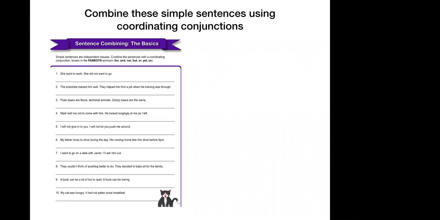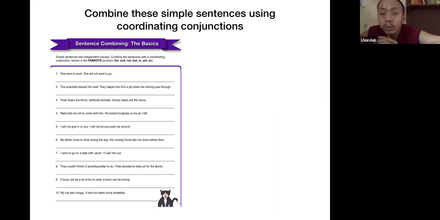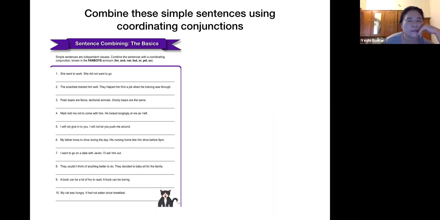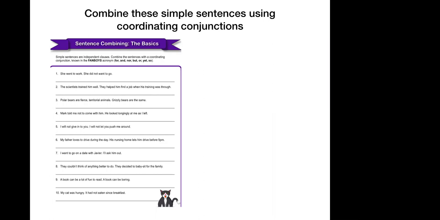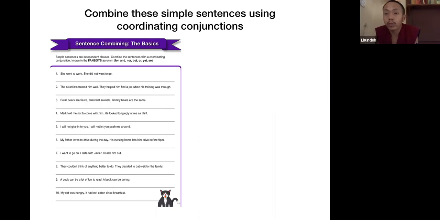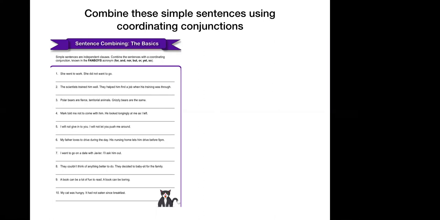The scientist trained him well. And I put an end there. And they helped him find a job when his training was through.